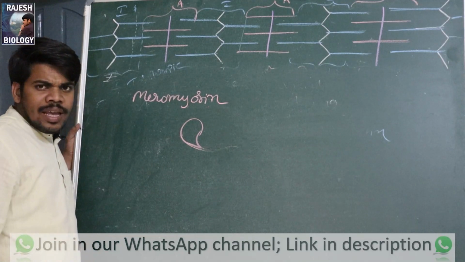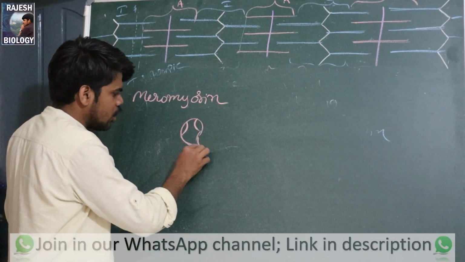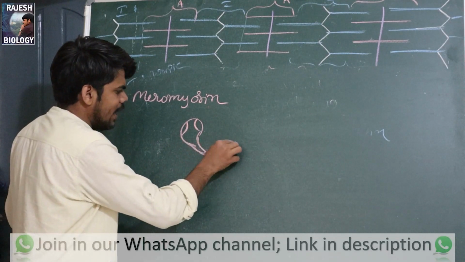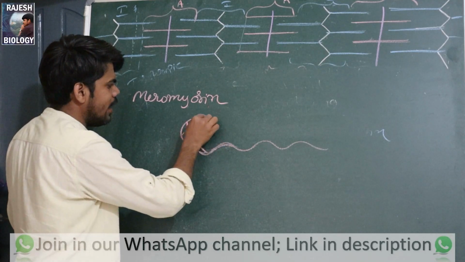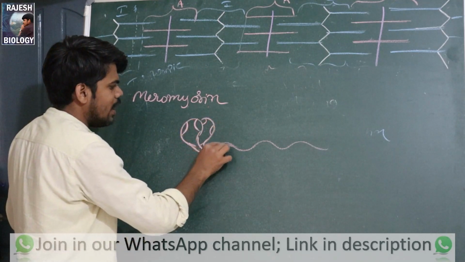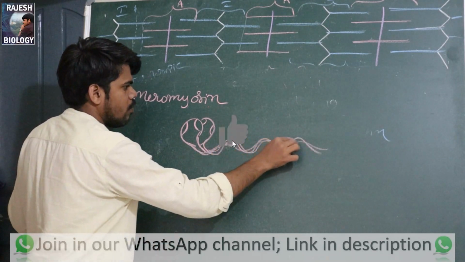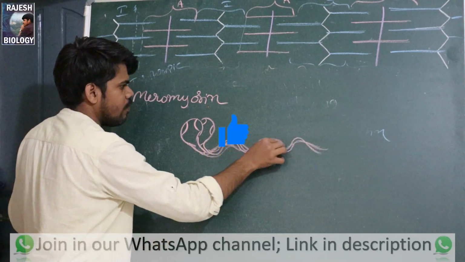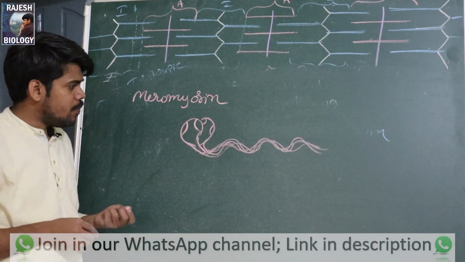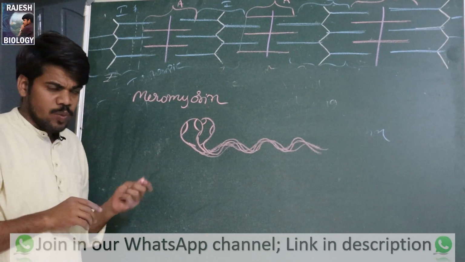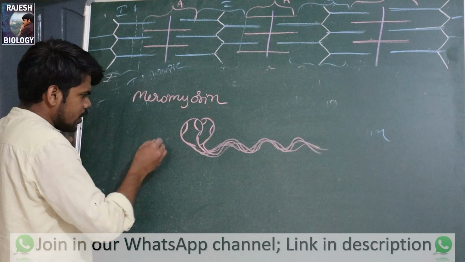Each meromyosin has a globular head, a short arm, and a tail. Like this. It looks like two snakes together, but it is one meromyosin.